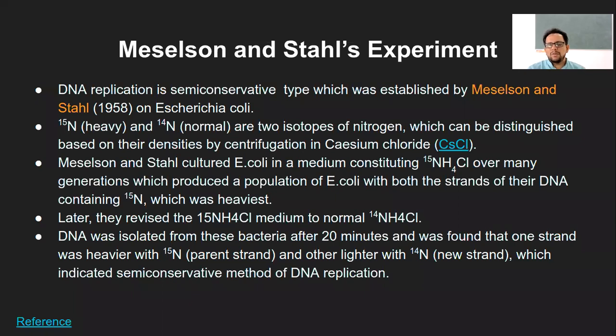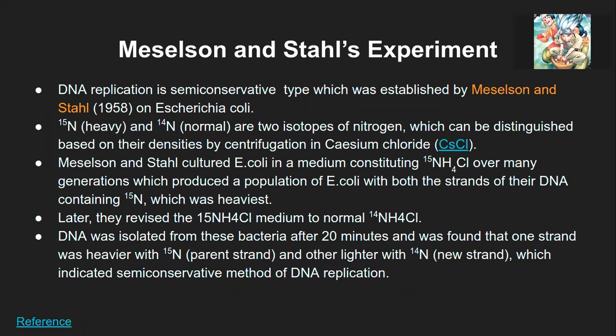That is where most bacteria take nitrogen from, the nutrient medium. Once the E. coli were grown with heavy nitrogen for many generations, this produced a population of E. coli with both strands of their DNA containing N15, which was heavier than the normal N14 isotope of nitrogen.